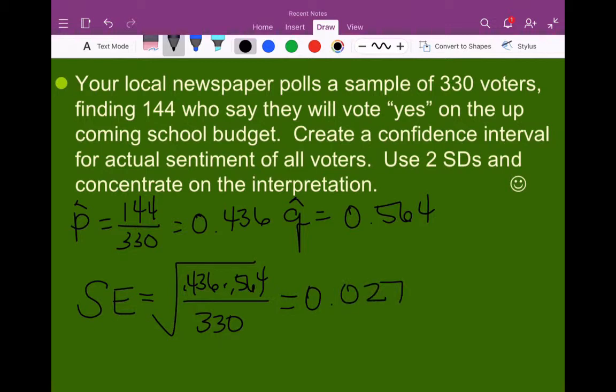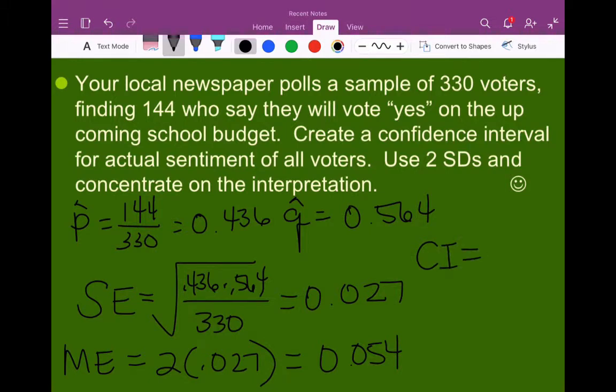Once we find our standard error, we can find our margin of error. So our margin of error is 2 times my standard error. This gives us a margin of error of 0.054.